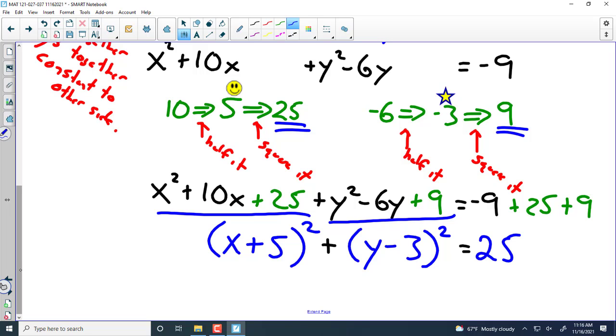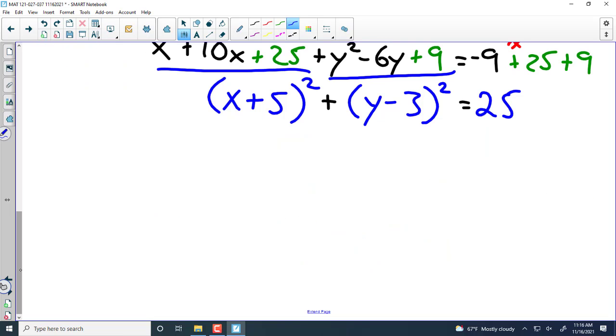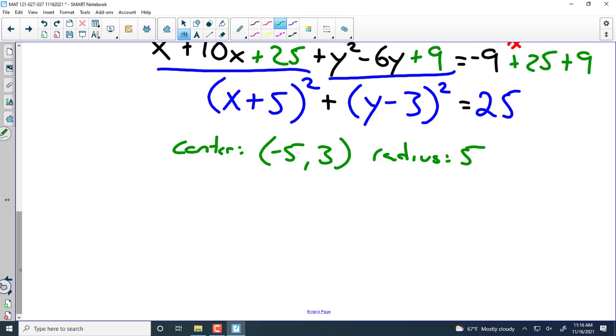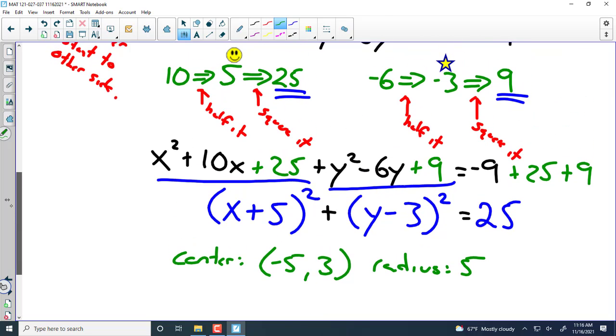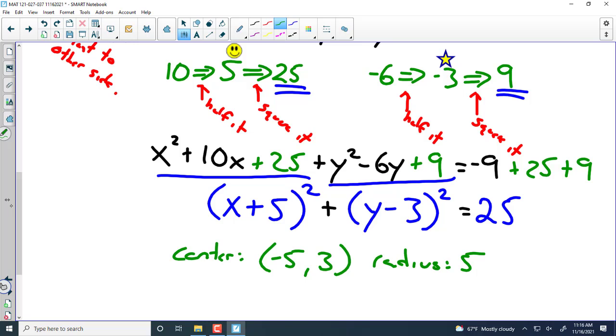Is it possible to see the center and the radius now? Everyone write it down. That is pretty much the hardest thing you have to do in this section, is complete the square.